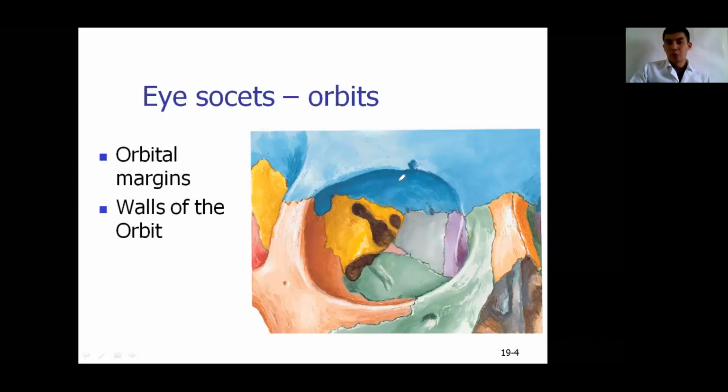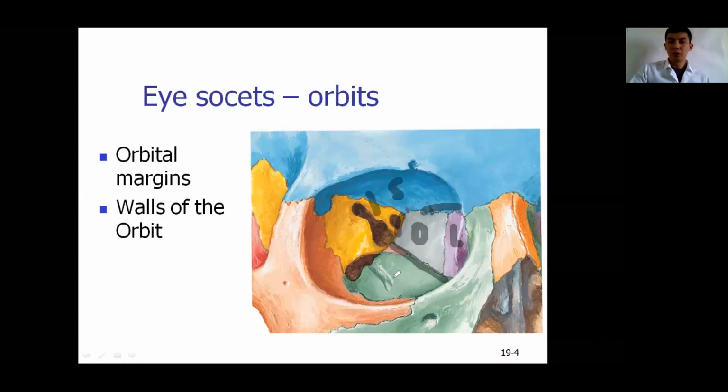The superior wall is formed by the orbital plate of the frontal bone, or orbital part of the frontal bone, and lesser wings of the sphenoid bone. The medial wall is formed by part of the frontal bone, the orbital plate of the ethmoid bone, the lacrimal bone, and a small portion of the body of the sphenoid bone too.